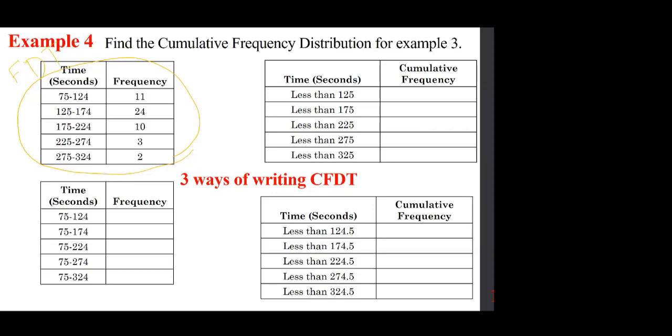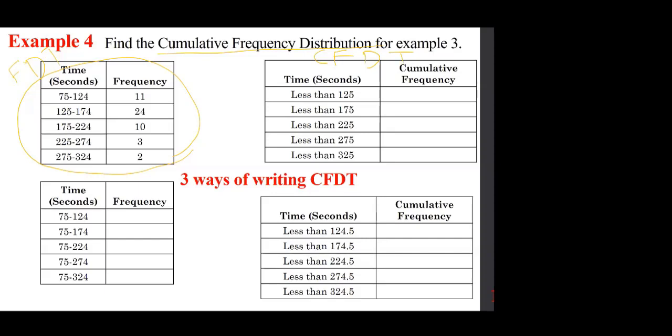Now we are interested in the cumulative frequency distribution table, CFDT. How do we arrive at it?